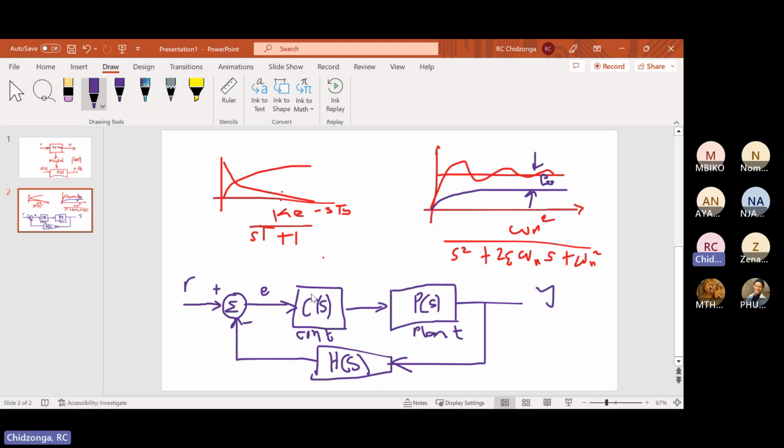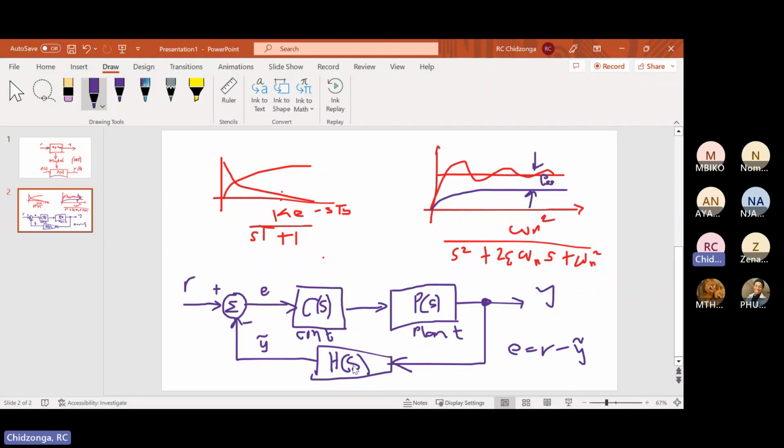The purpose of the controller is to move the process in such a way that this signal Y, when it's acted upon by the sensor, will produce a signal that is directly related to Y. So that this error here, error is R minus Y dash.